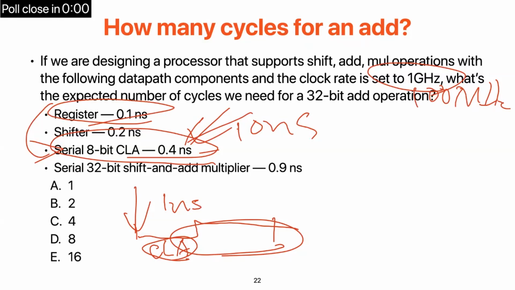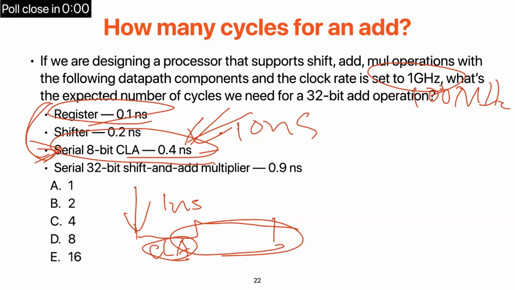Okay, so the whole circuit is controlled by the clock signal. The register only changes its output whenever it receives the rising edge of the clock signal. And the register will feed its output to the serial adder. So if the input of the adder is not changing, the adder is not able to change its output.